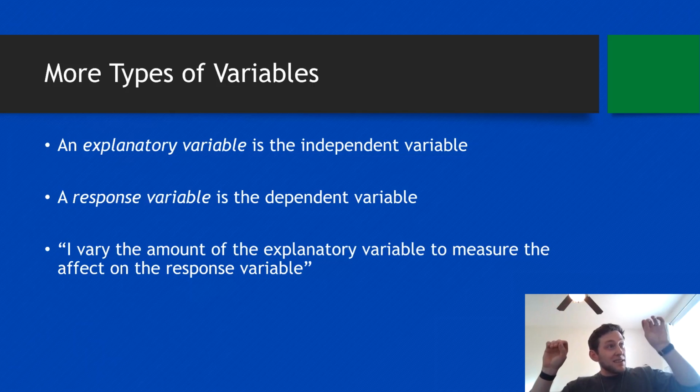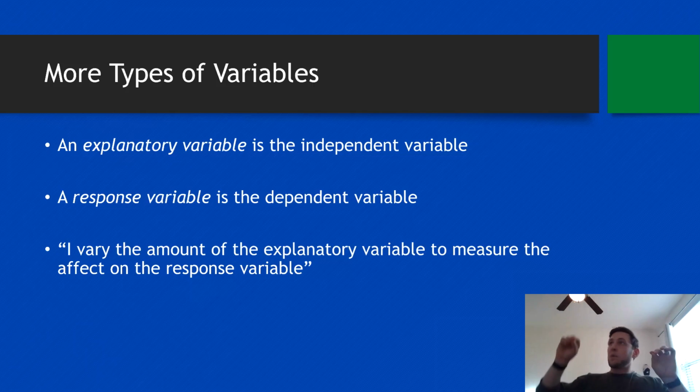So maybe if I raise the explanatory variable, let's see what happens to that response variable. Or maybe, hey, is the explanatory variable there or not? Does that affect the response variable? So the explanatory variable is what I'm starting with to measure what happens to the response variable.